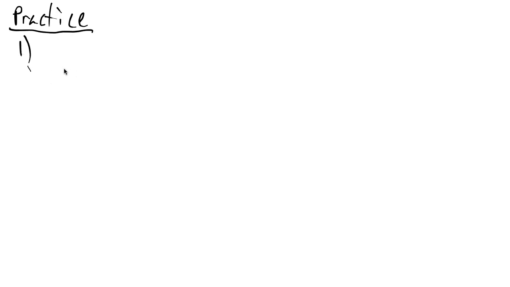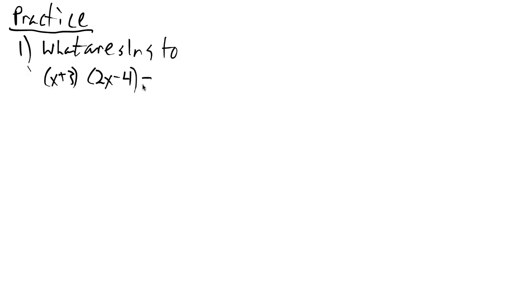The first problem is going to ask you what are the solutions to x plus 3 times 2x minus 4 is equal to 0. Next problem, and this is going to be true for the next three, you're going to solve.